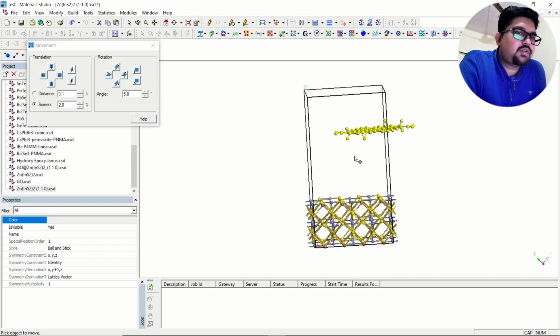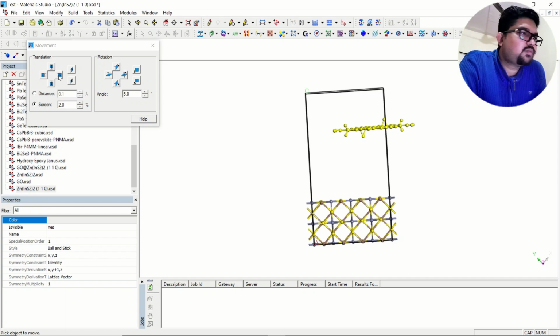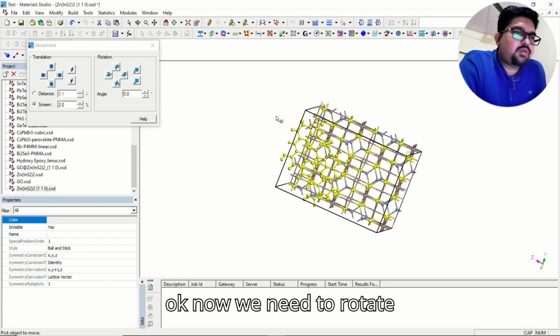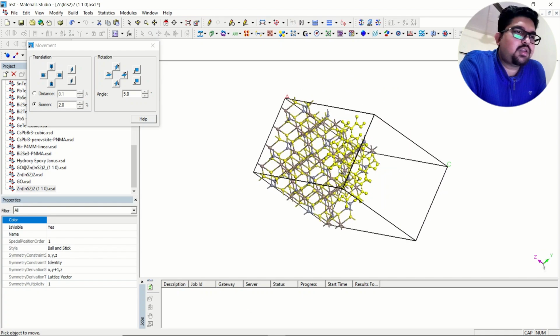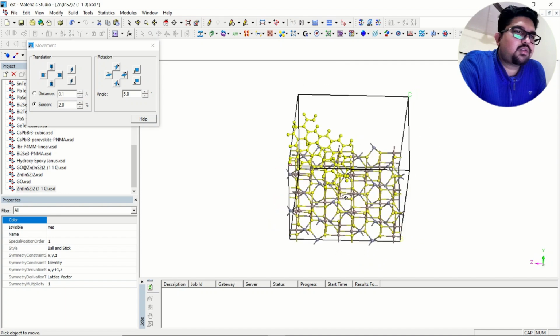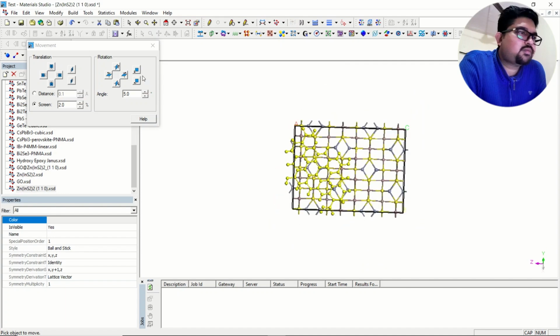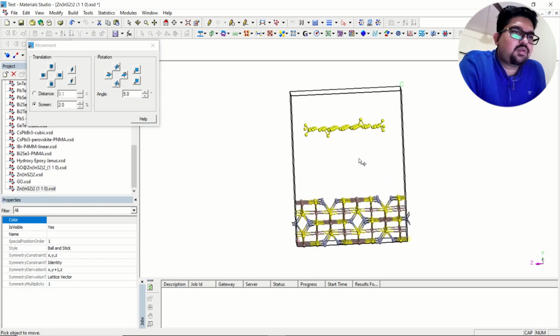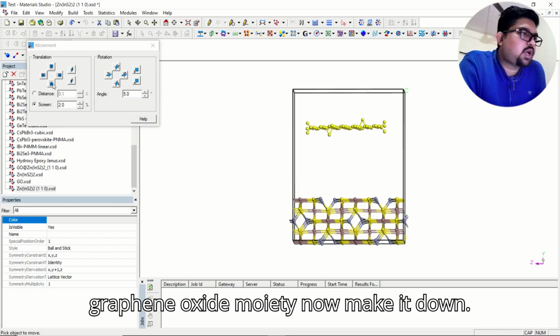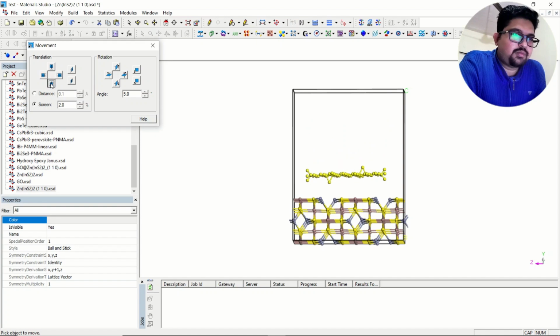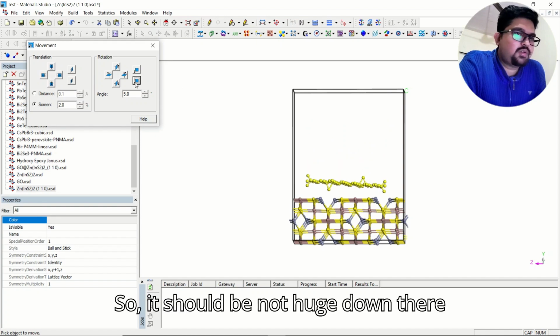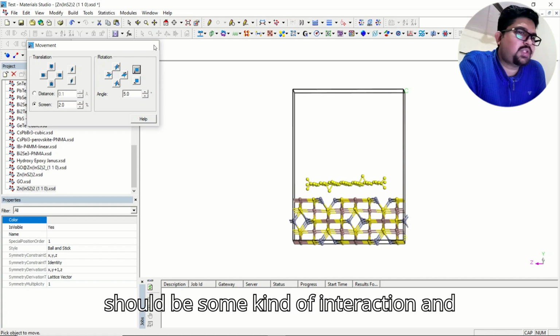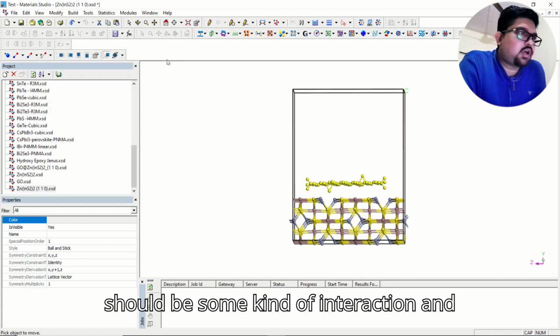Fine. Now we need to rotate it again. Now if you see our graphene oxide moiety, make it go down. It should not be too far down, there should be some kind of interaction.